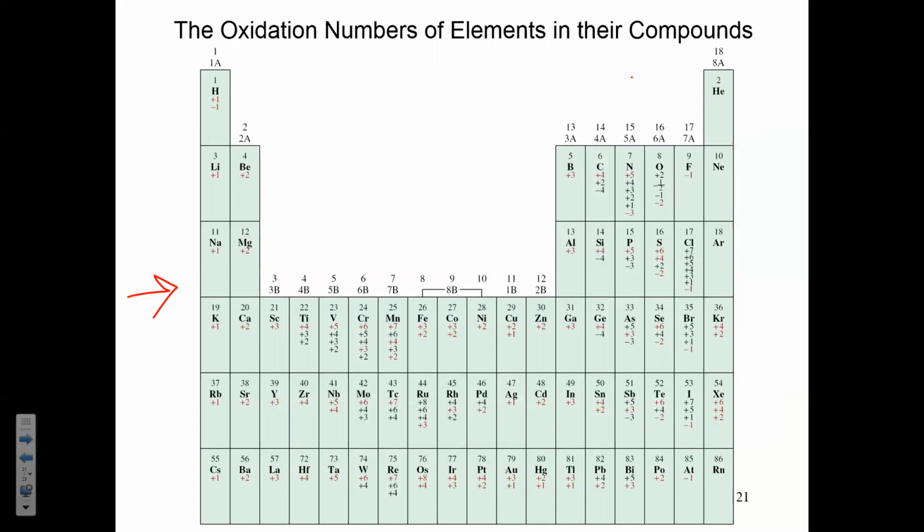Some of them, like these, have multiple oxidation numbers. So what you want to do is figure out the compound based on the oxidation numbers you know, or that stay the same. Then normally you'll figure out what this is. Then just check yourself to make sure it's one of the options under that element.